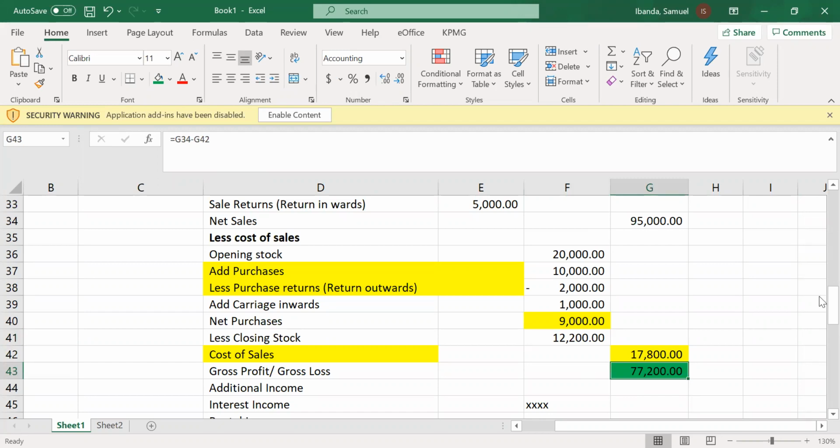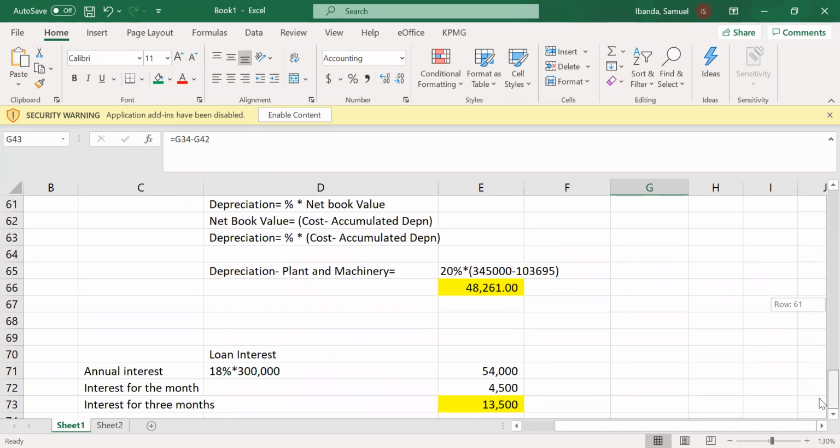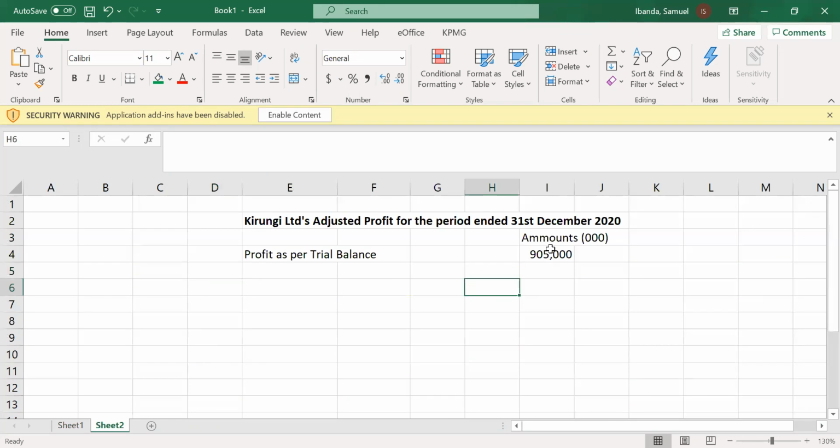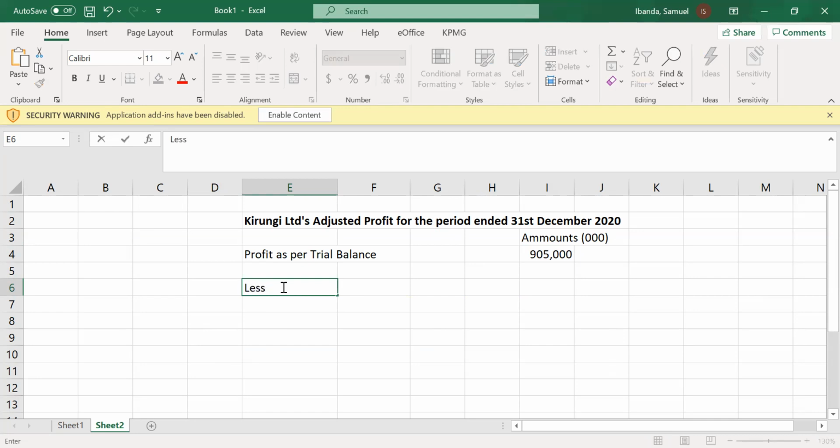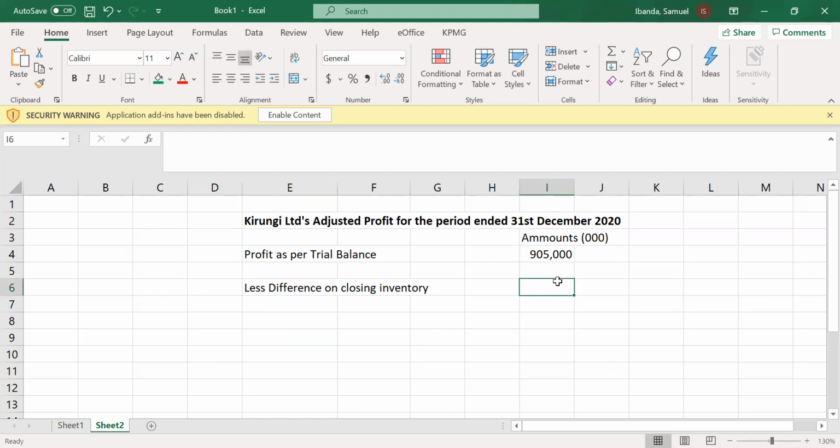So ideally, if I have my so-called statement of adjusted profit, this 905, and I'm trying to adjust, and I want now to get the true value of my profit, I have to less the difference on closing inventory, due to recognition of how much?